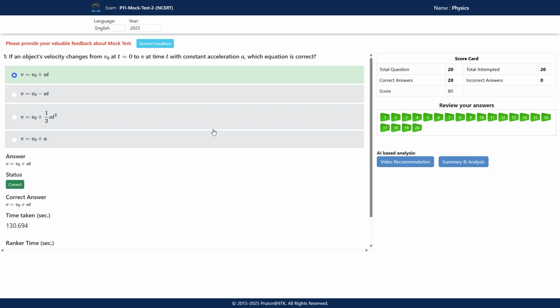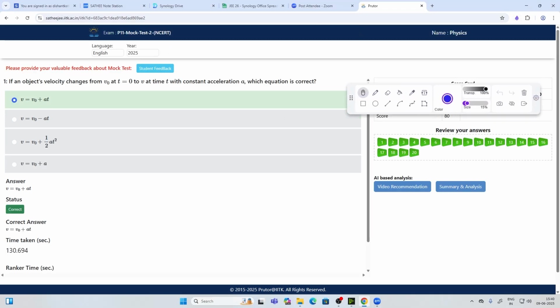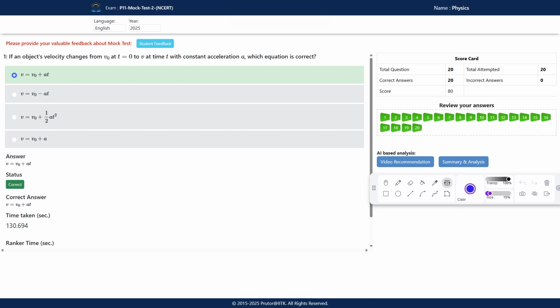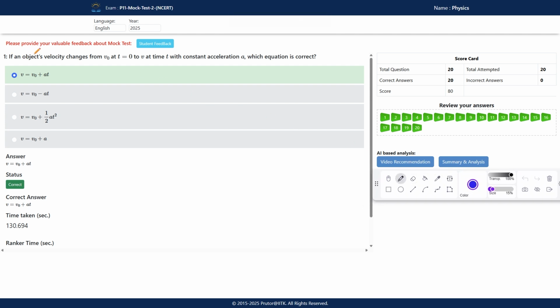First, let's see the solution one by one. So first question, if an object's velocity changes from v naught at t equal to 0 to v, where v naught is the initial velocity and v is the final velocity, in time t with constant acceleration, which equation is correct?